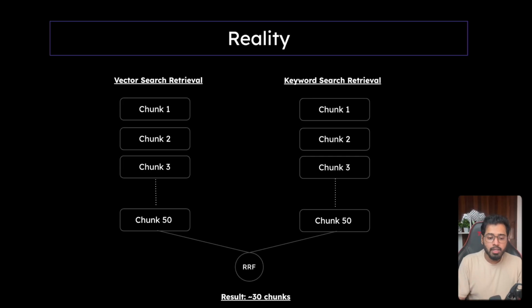When we're dealing with a countless number of documents, we will have to fetch 50 or 30 different chunks for each type. So the vector search of the first query is going to have 50 chunks, the keyword search of the first query is going to have 50 chunks, and then we merge them using reciprocal rank fusion.